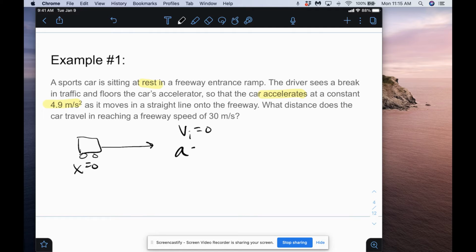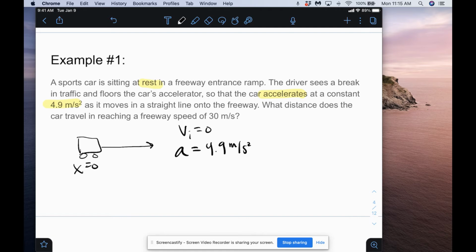So I write a is equal to 4.9 meters per second squared. I have that as a positive 4.9 meters per second squared because I know that the acceleration is in the same direction as the velocity will be, because we are speeding up. It's like that accelerator is pushing that car forward. So I call that a positive 4.9 meters per second squared.